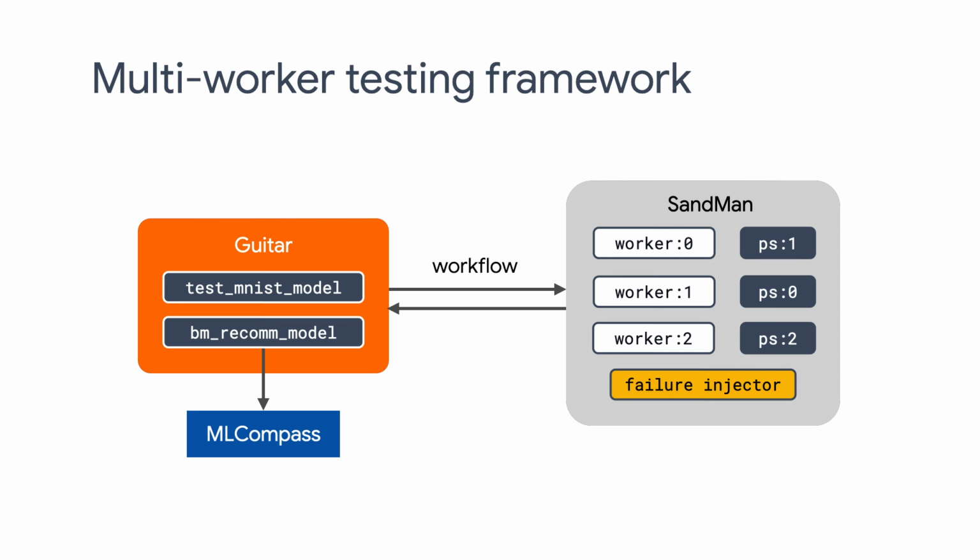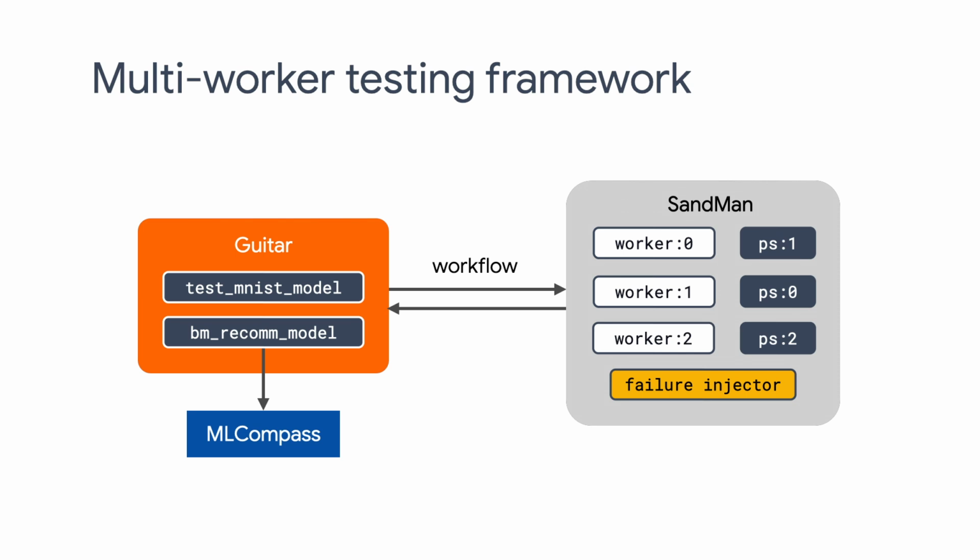The architecture of the testing framework is like this. We first set up a standard Guitar workflow, which gets triggered automatically to run on a schedule, such as every few hours. And then the Guitar job can start a separate sandbox cluster on Borg, where we actually launch our TensorFlow server instances. We use a job inside Guitar as a coordinator, and it can schedule and coordinate different model functions to run in the cluster.